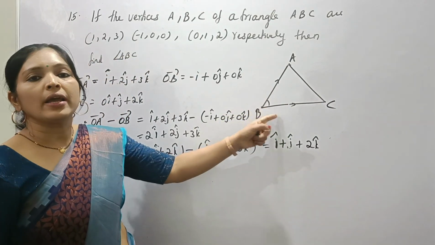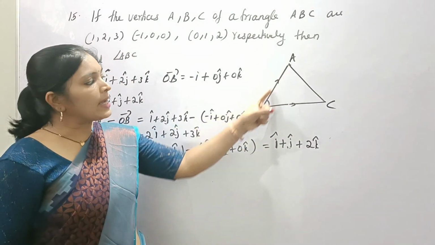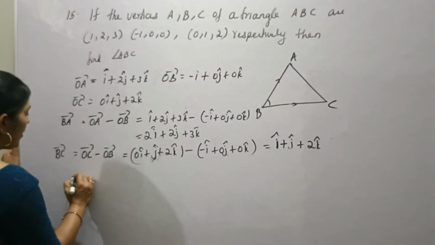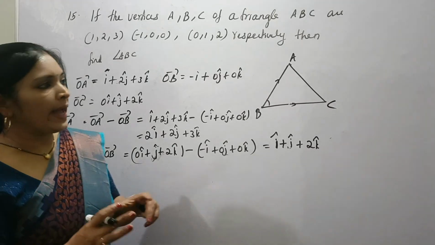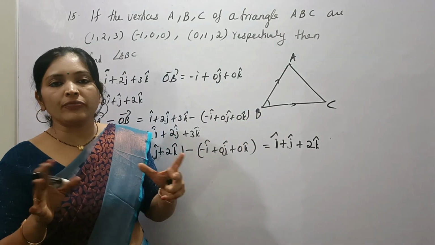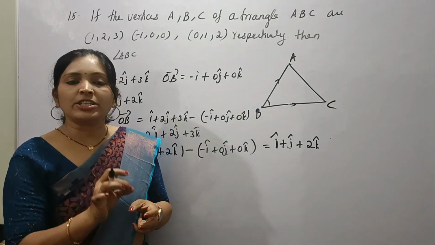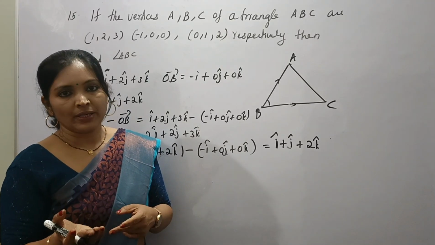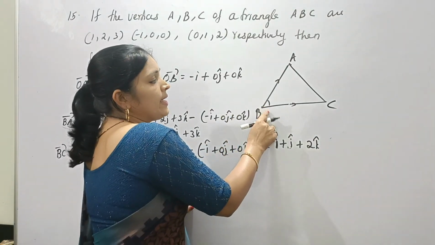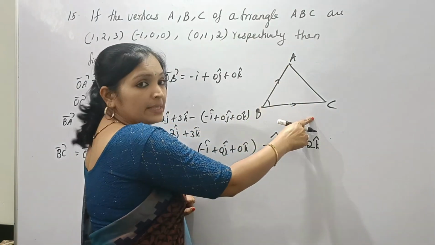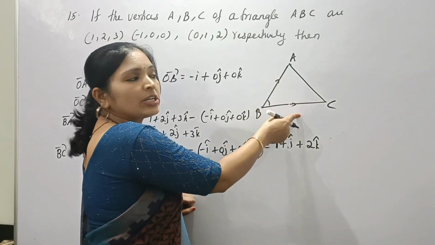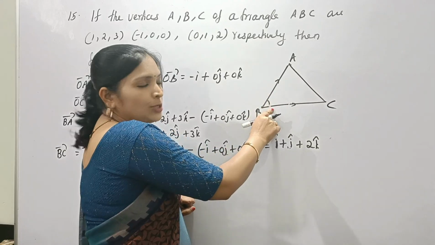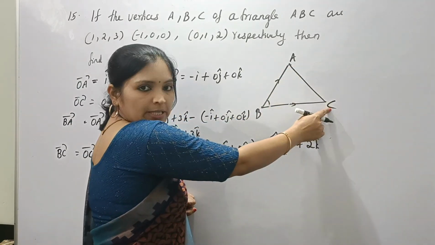We have to find the angle at B, that is angle ABC. We know that if theta is the angle between vector A and vector B, then vector A dot vector B is equal to modulus of vector A into modulus of vector B into cos theta. Here, angle ABC is the angle between vector BA and vector BC.